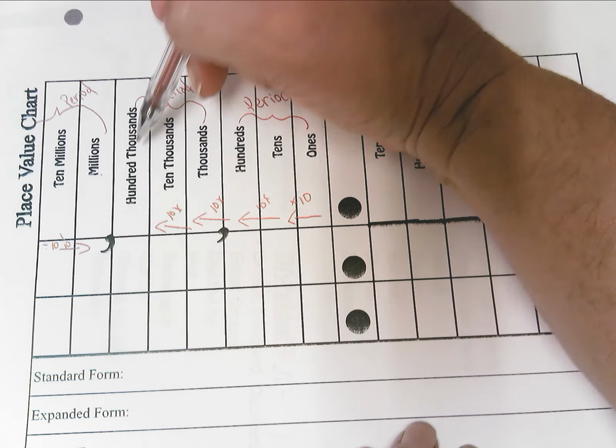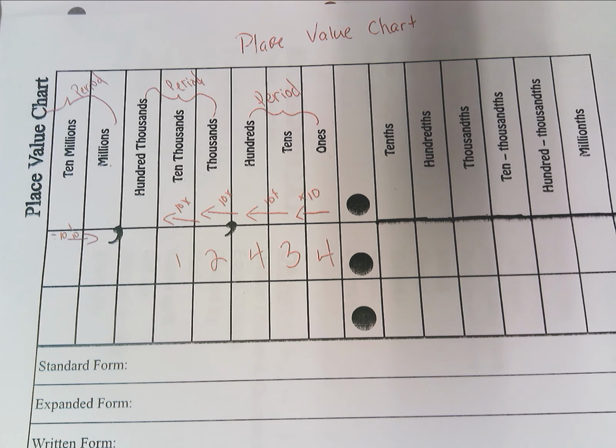If you're going right, your number is always going to get smaller. If you're going left, your number is always going to get larger. To make your number larger, you multiply. To make your number smaller, you divide. All right, let's put a number in here. We're just going to stick with that number for right now.